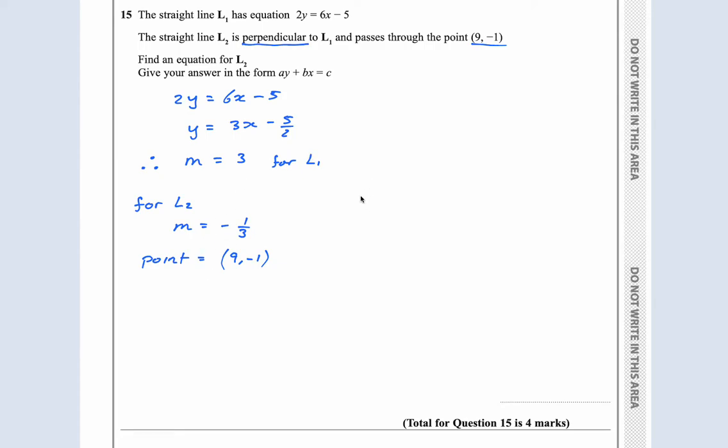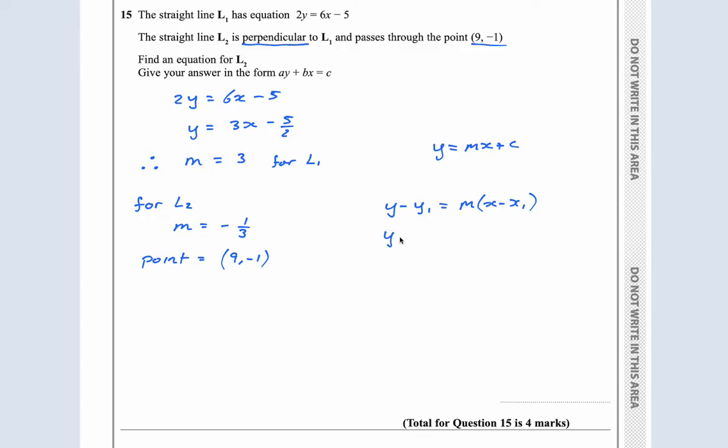So guys, my preferred formula, there's two formulae. You have your y equals mx plus c, and that's fine, you can use it, or the y minus y1 equals m into x minus x1. This is actually my preferred formula, just because there's less rearranging to do, but both work out fine.